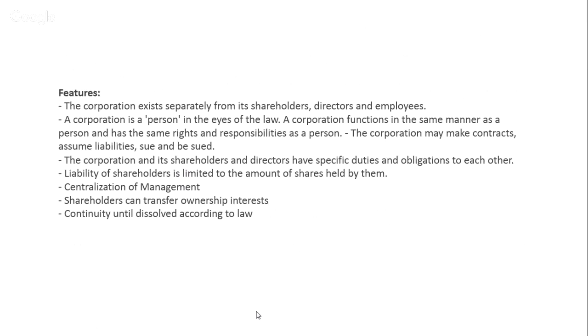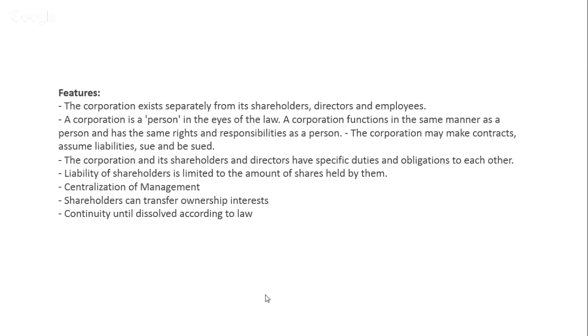Also, I think there is a minimum number of employees, if you convert your LLC to a corporation. I don't think a number of employees is mandatory, though. I'm not sure. I don't really know.